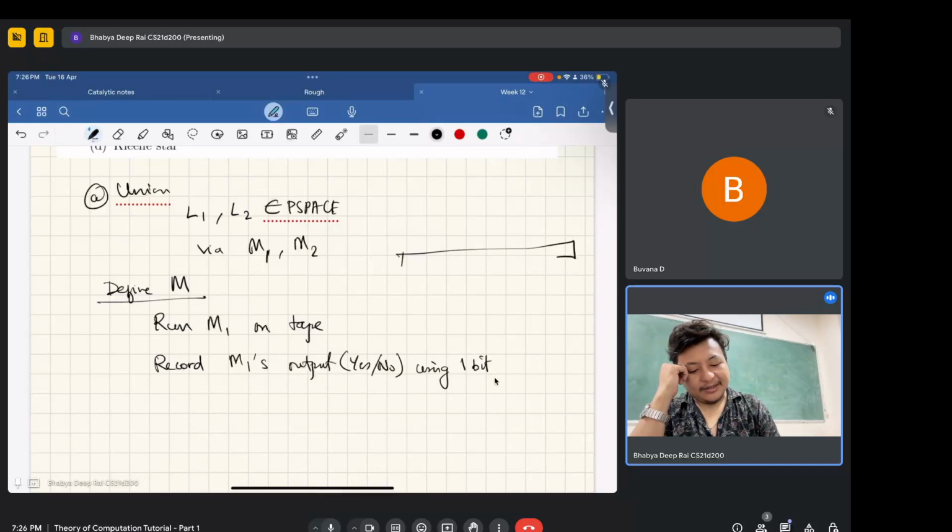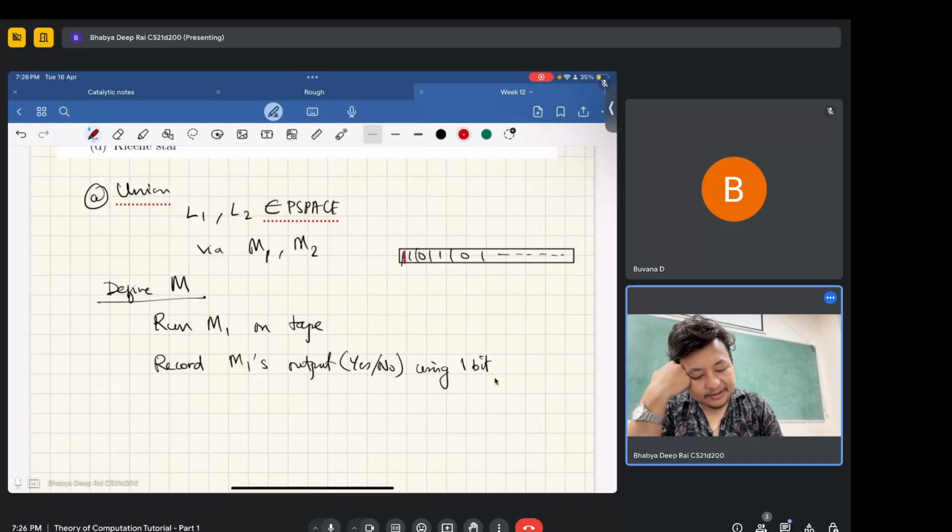So for example, here is the tape. During M1's run, it starts writing 1011 and so on. At the end, on the first bit you just record whether it said yes or no.